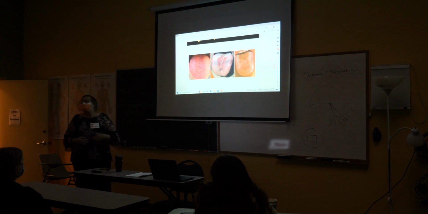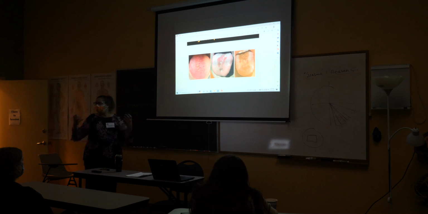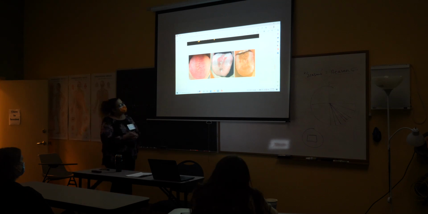But this person, their digestive system is not functioning. A person with a stomach yin deficiency can be like somebody that sometimes has diabetes. And you see that they have a lot of coating, actually quite thick and white. So they can also have some things in their intestines, like phlegm and dampness.